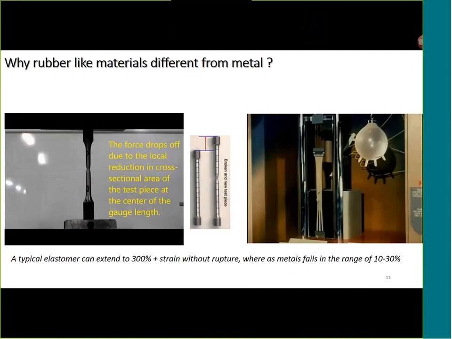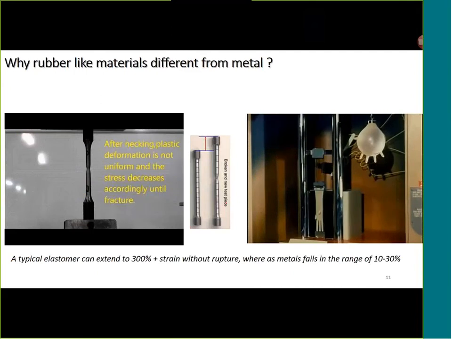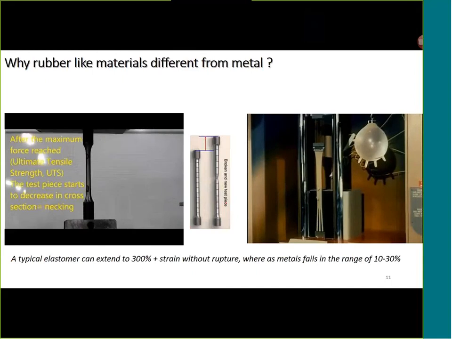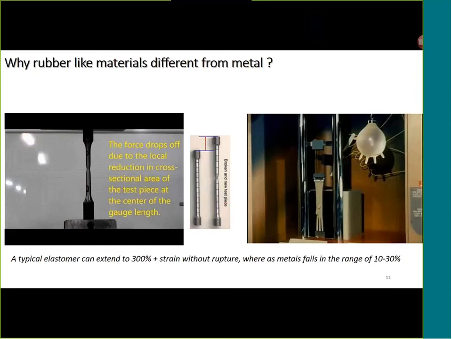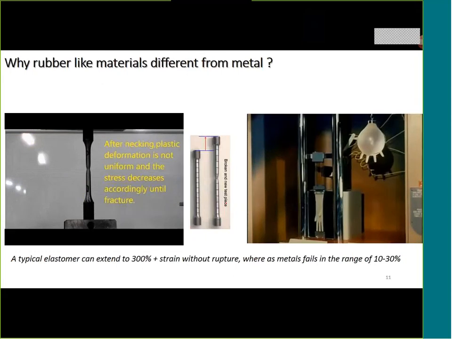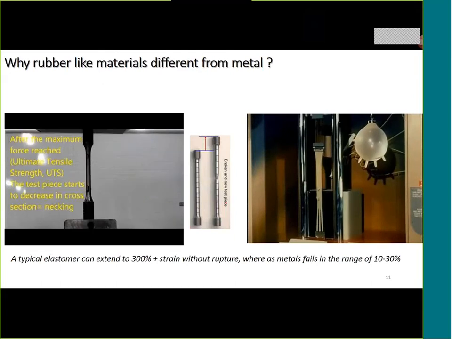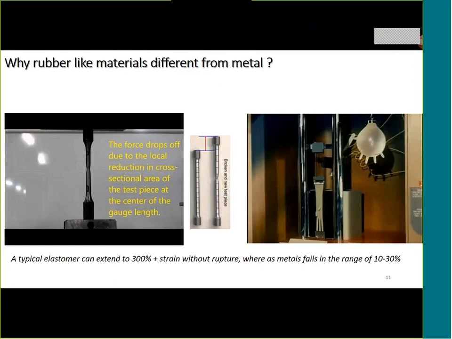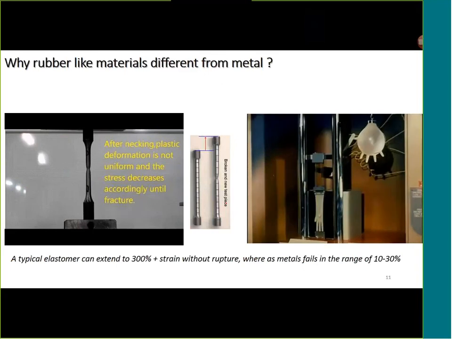Before we get into that, it is important to have a feel for how elastomeric materials are different from a normal metal, because most engineers are very familiar with how metal behaves and have a physical feel for metal rather than for elastomeric materials.